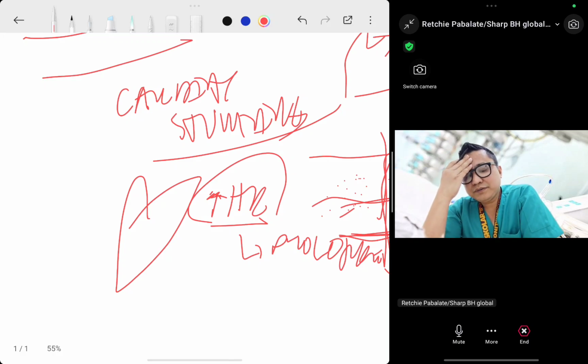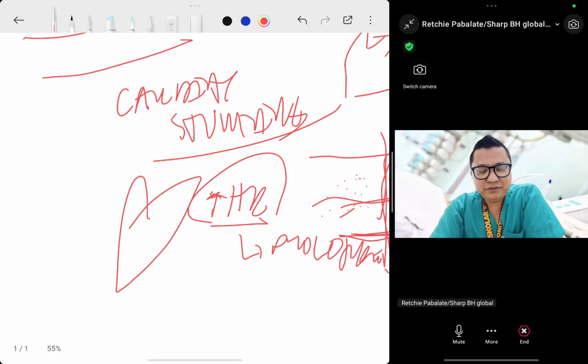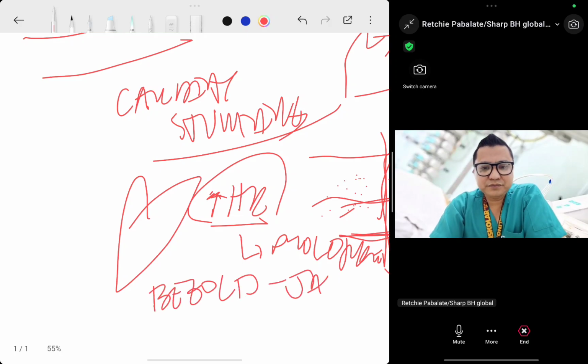Prolongation of tachycardia, for example, plus fluid depletion will lead to myocardial ischemia. Right? You have increase in heart rate. You are removing fluid. What will happen is it will lead to myocardial ischemia. And in order to protect the heart, we have the mechanism or the reflex we call the Bezold-Jarisch reflex.